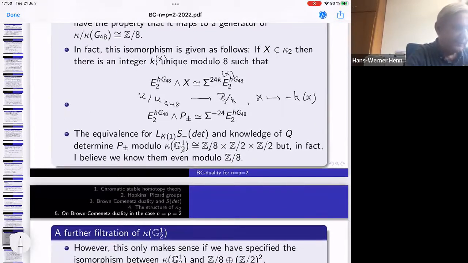So the element, if you take S minus that, its K1 localization differs from the K1 localization of I2 just by a double suspension.